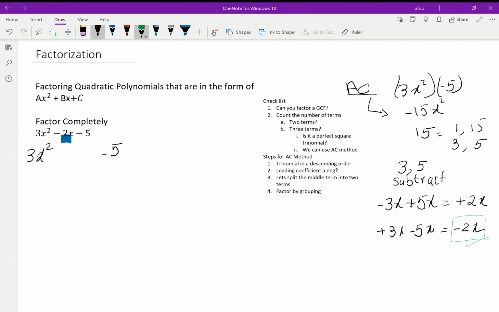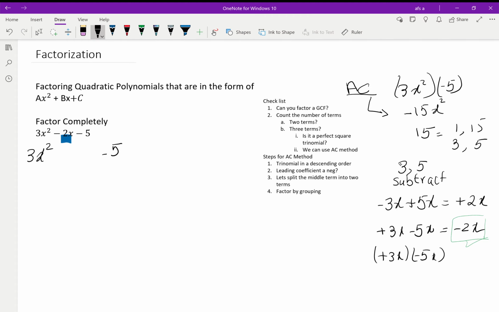Does it satisfy my second requirement? What is the second requirement? The requirement is to go back and check to see if I was to take these two terms with their sign and multiply them, does it give me my AC product with its signs? Because if it does, I get to keep it.